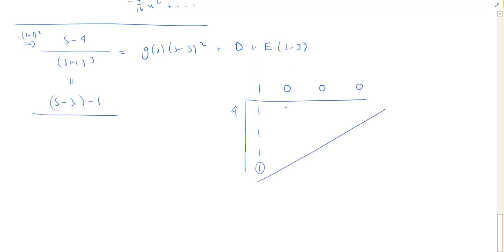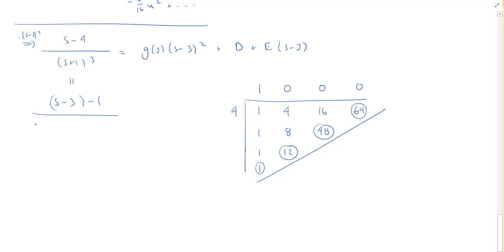4 times 1 plus 0 is 4. 4 times 1 plus 4 is 8. 4 times 1 plus 8 is 12. 4 times 4 is 16, plus 0, still 16. 4 times 8 is 32, plus 16 is 48. And then 4 times 16 plus 0 is 64.